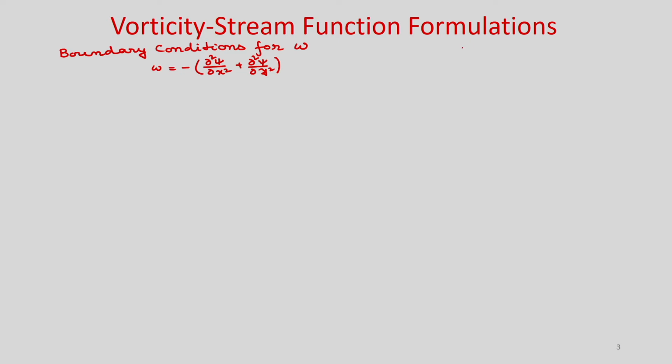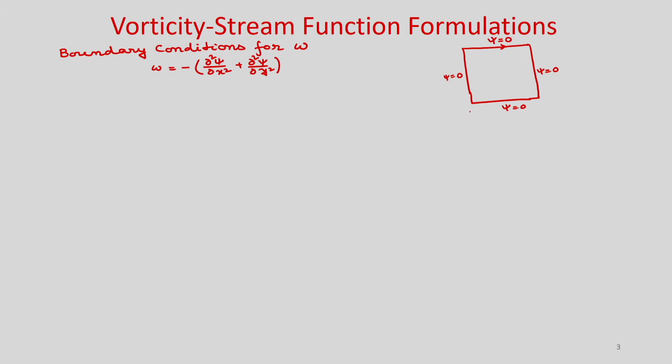And you have this square enclosure, the top wall is moving and ψ is equal to 0 we have considered on 4 walls.